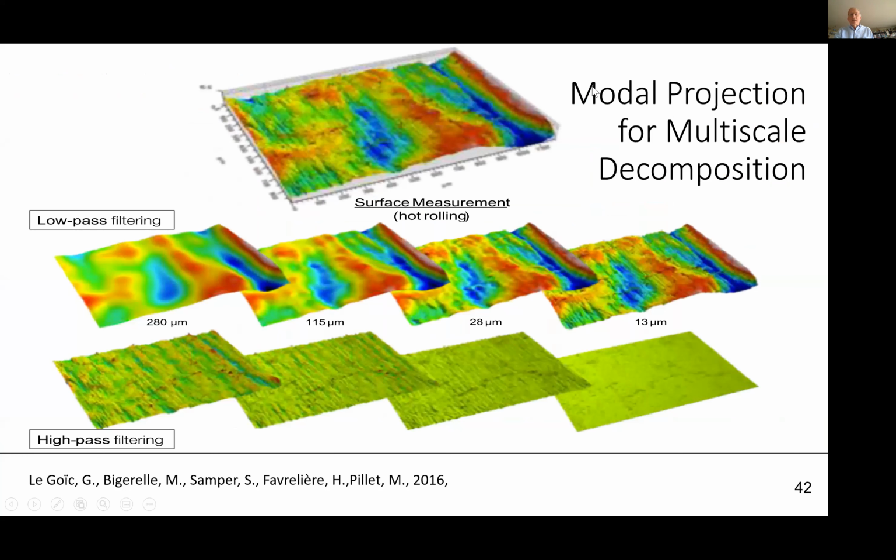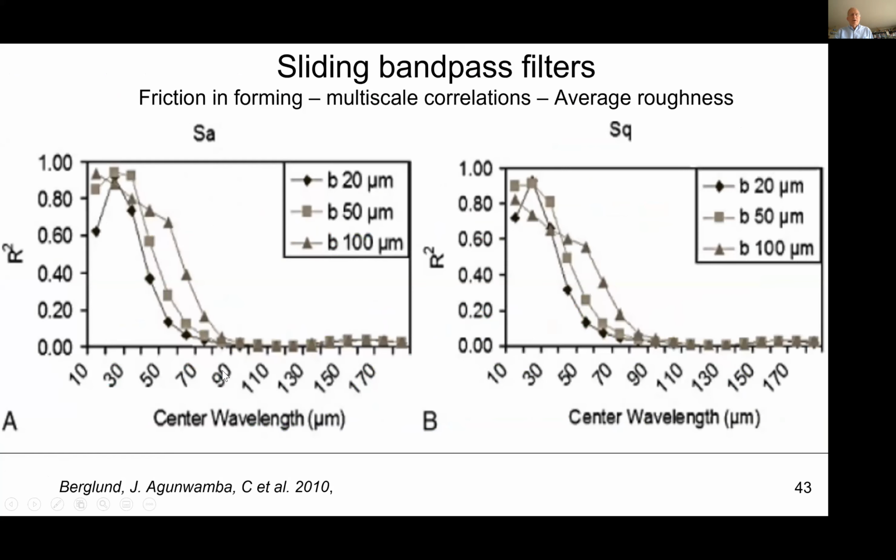These are interesting modal filter applications. So high pass and low pass. And so we're able to systematically see different surfaces from that. This was done by Gaëtan Legoic in France, and he spent some time during his doctoral work here as well.